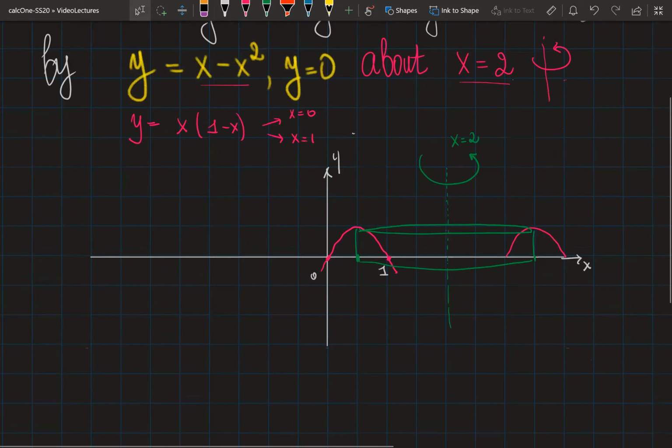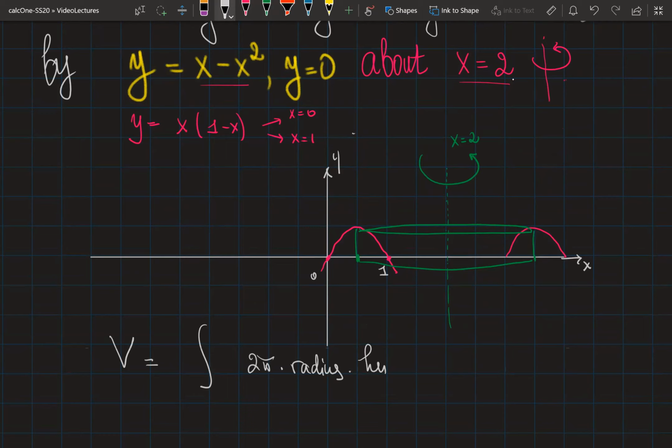If you remember the formula to find the volume using cylindrical shells, it was the integral of 2 pi multiplied by the radius multiplied by the height, and we integrate this with respect to x, for example, where x changes from some number to another number.